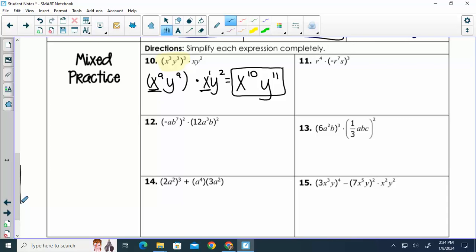All right, you'll notice both of these have an exponent on the outside, so we have to start there. That negative, it's just like a -1. What is -1 squared, or -1 times -1? Positive. This will become a to what power?